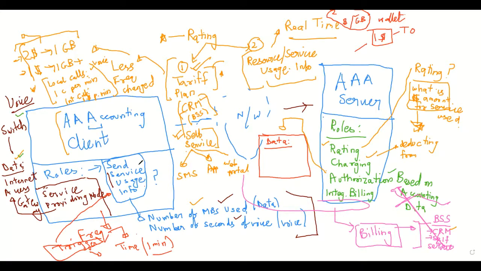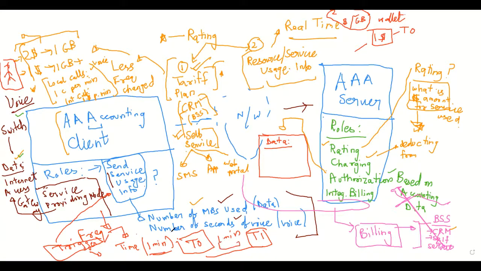new service usage info needs to be sent all the way to the AAA server for a certain subscriber, some guy who's me over here, and I'm on my mobile, I'm downloading a very heavy file and I'm enjoying my life. All right. So let's say at time T0, when I have $1 in my account, till time T1, and let's say T1 is 1 minute, this delta of time is 1 minute, and let's say this frequency is also 1 minute.